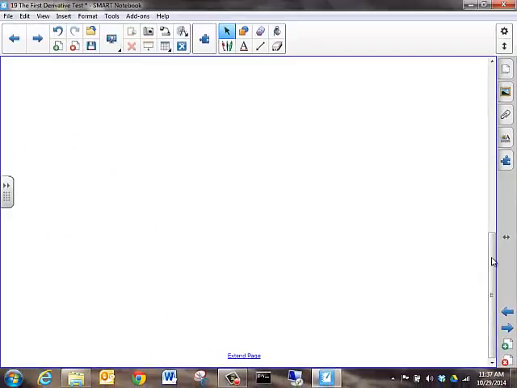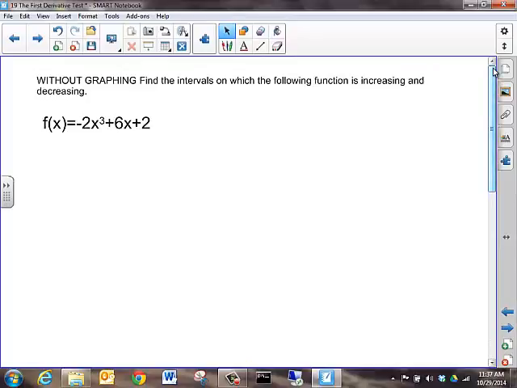Now, the instructions say, without graphing, find the intervals on which the following function is increasing and decreasing. Now, what did we just say that we could use to figure out where it's increasing and decreasing? Critical points and the derivative, okay?